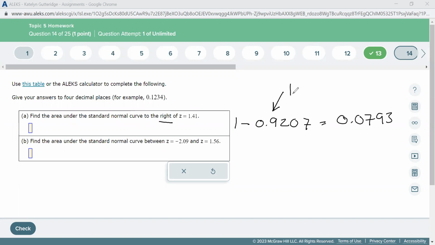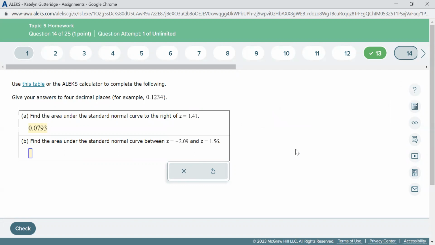This is the area to the left. Take 1 minus it, gives you the area to the right. And it said give your answer to 4 decimal places, so then that would be our answer: 0.0793.